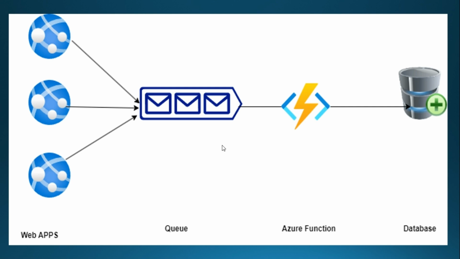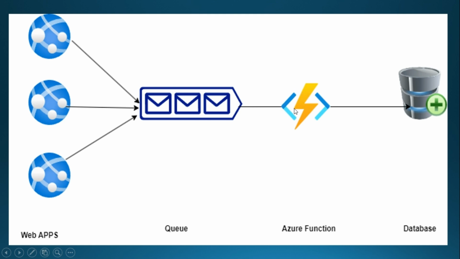At a high level, how does this communication happen? Let's say you have a web application, and then you have a queue, and then you have an Azure function, and then your database. So basically, one or more applications push messages into the queue, and one or more Azure functions are configured to listen to those messages.